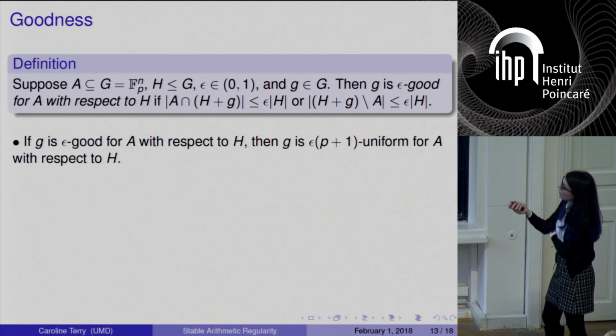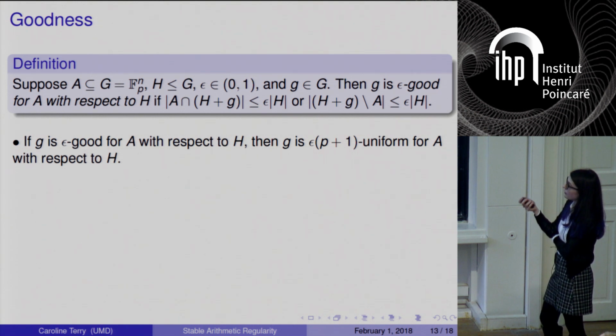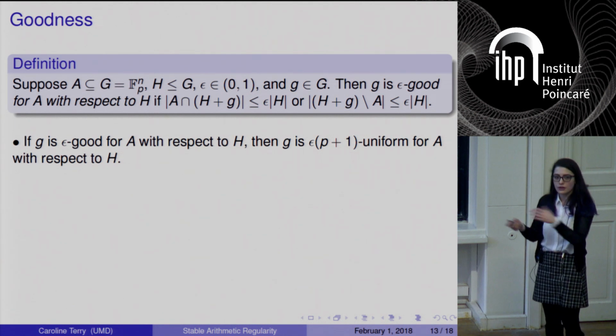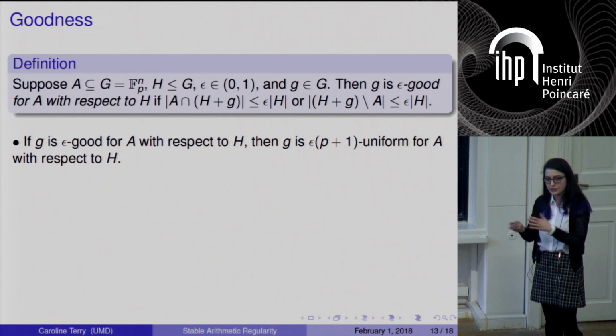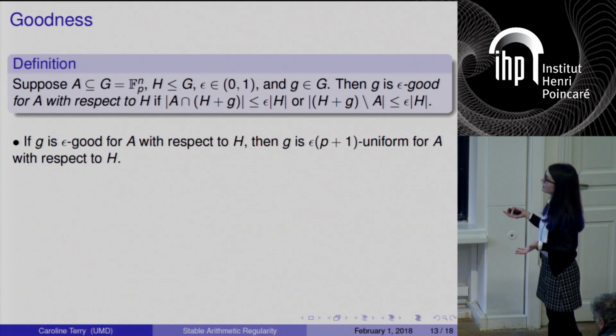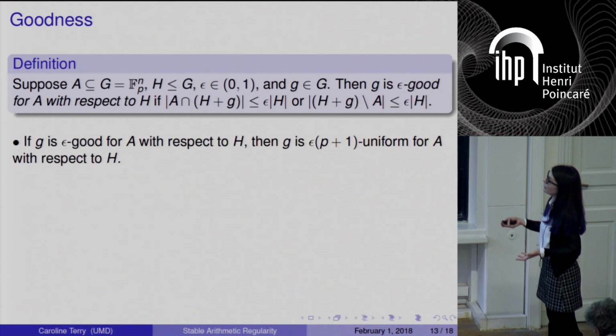One can check that if g is epsilon good for A with respect to H, then it's epsilon times p plus 1 uniform for A with respect to H. The uniform thing should mean that A is evenly distributed across this H plus g with respect to all of those different partitions that I get by looking at the Fourier coefficients.